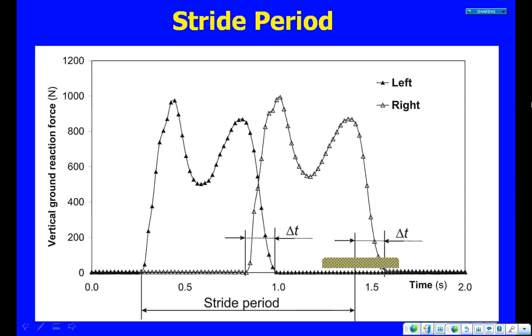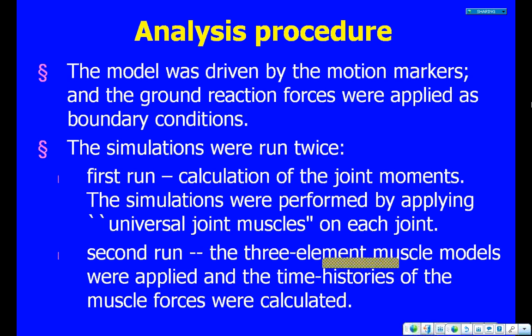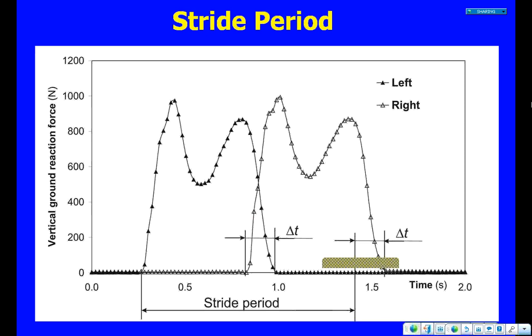So this is before the test, we have shown you because all the data is expressed in the stride period, percentage of stride period. Then from the ground reaction force data, we can calculate the stride period. It's a very simple rule.